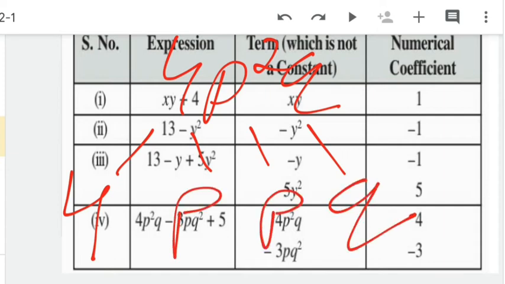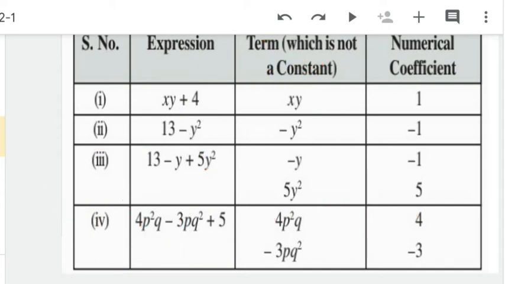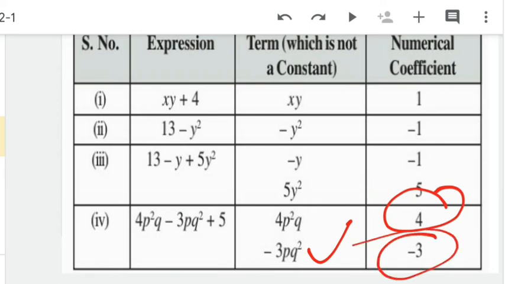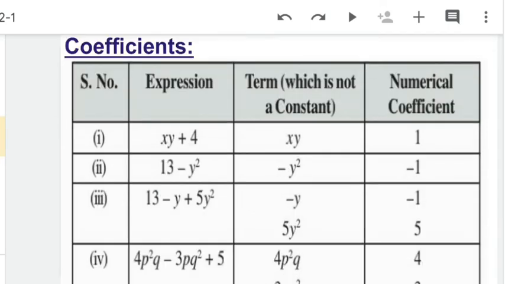Now you have to focus only on the constant factor. The only constant factor is 4, so 4 is the numerical coefficient for this term. Similarly, in the second term, minus 3 is the numerical coefficient, meaning the numerical factor. This is the case where we have to find the numerical coefficient only.